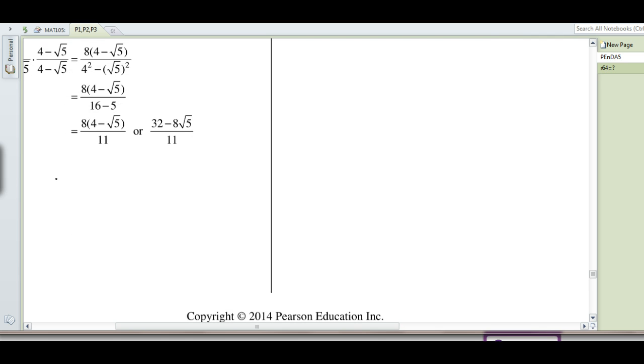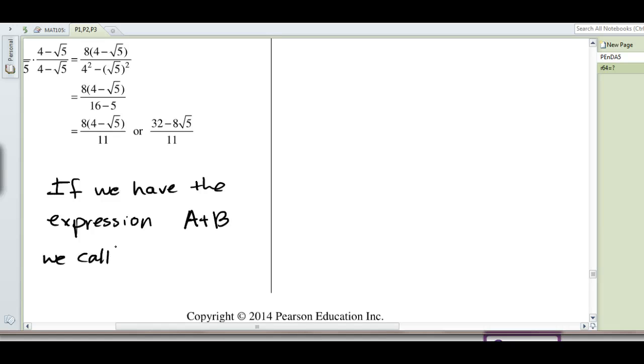If we have the expression a plus b, we call a minus b the conjugate. So basically the same exact expression with a different sign in the middle is the conjugate.